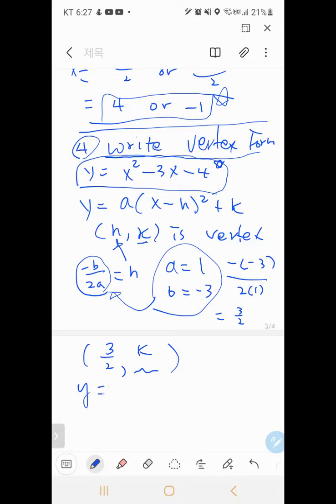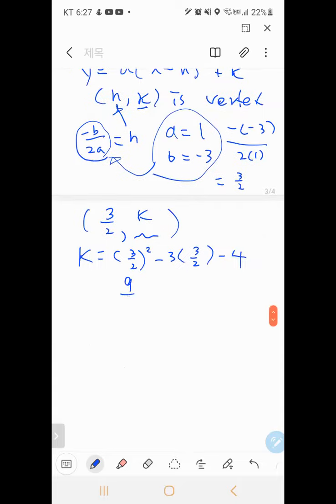So k is equal to 3 over 2 squared minus 3 times 3 over 2 minus 4. So let's calculate. Oh, sorry, 9 over 4 minus 9 over 2 minus 4 is k, which is what we're looking for.